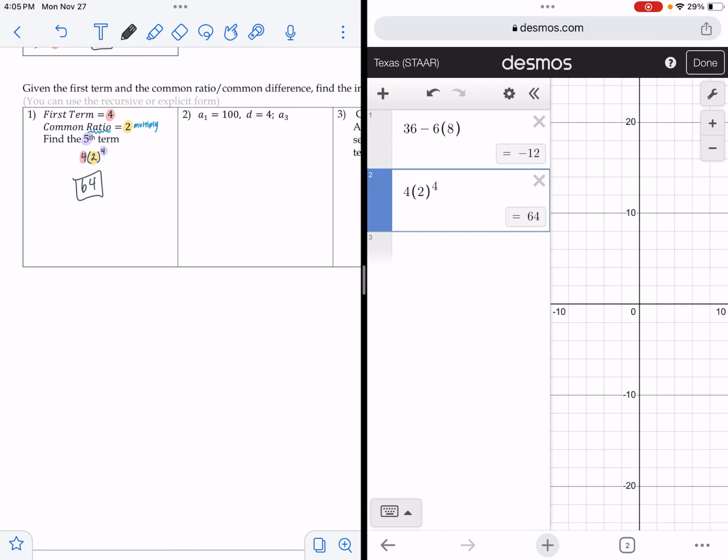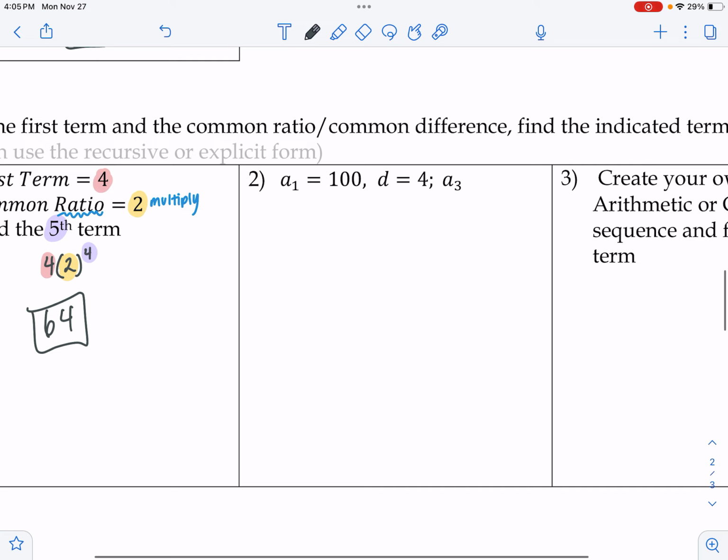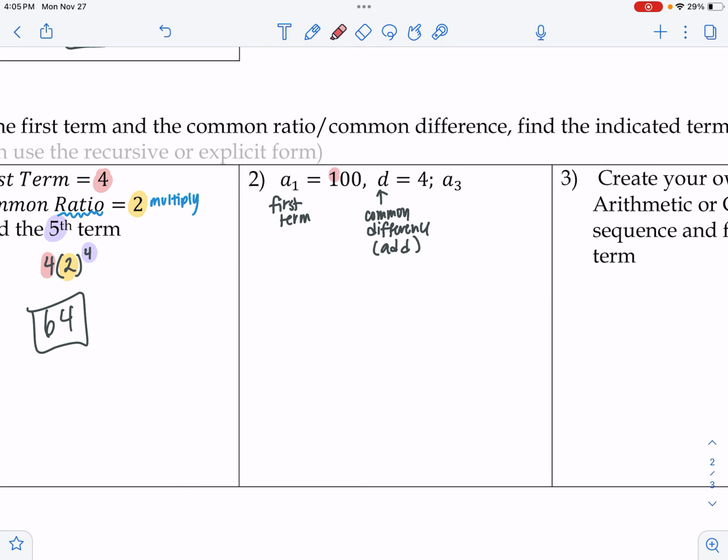Okay, and then for this last one, they're saying A1 is 100. That means first term. They're saying D, which is common difference, which means add. So our first term is 100.